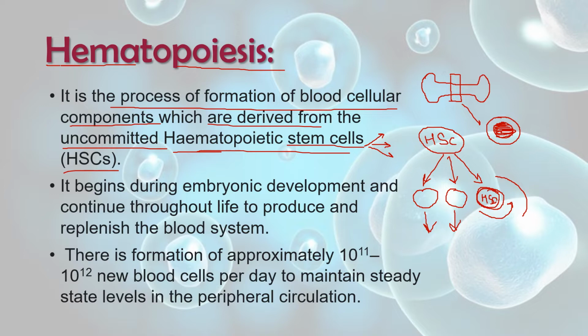The process of hematopoiesis begins during embryonic development and it continues throughout life to produce and replenish the blood system. There is a formation of approximately 10 to the power 11 to 10 to the power 12 new blood cells per day.